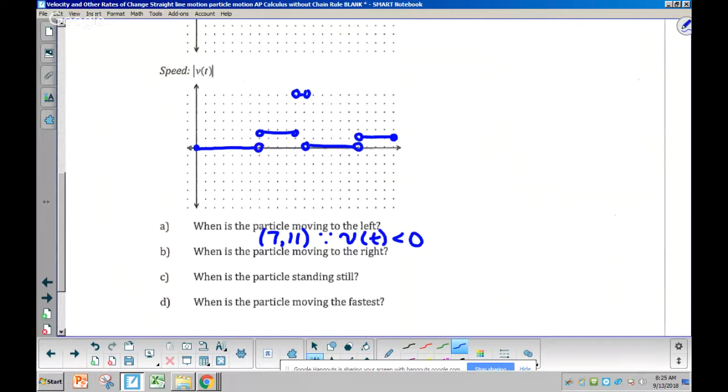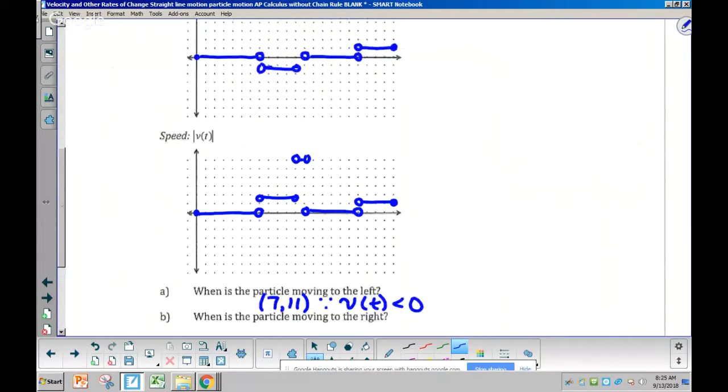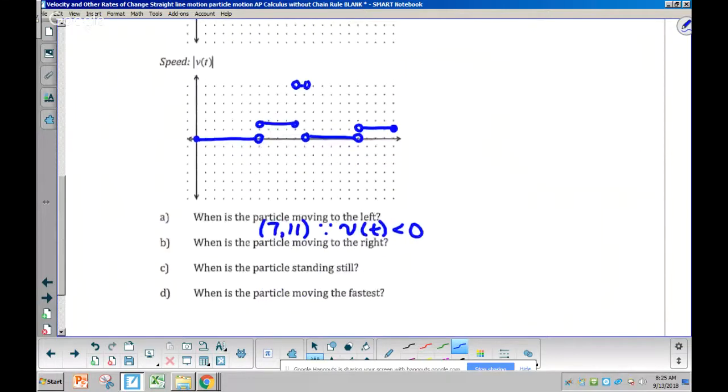When is the particle moving to the right? Everywhere from 18 to 22, and the little 6 too, right. So from 11 to 12? That's right. Thank you for reminding me of that.